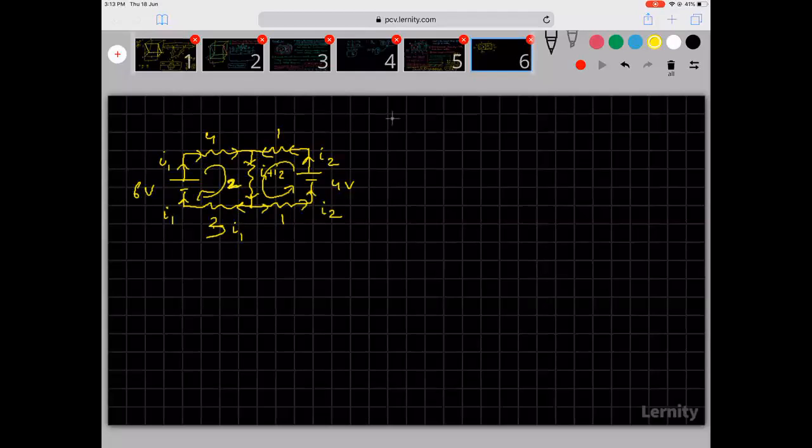The question is, what is the current through the 2 ohm resistor? You can work out like this also. There is nothing wrong with this.